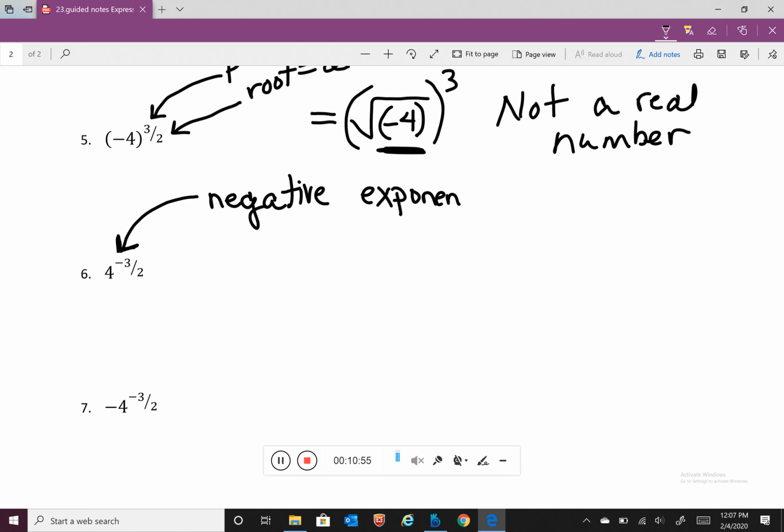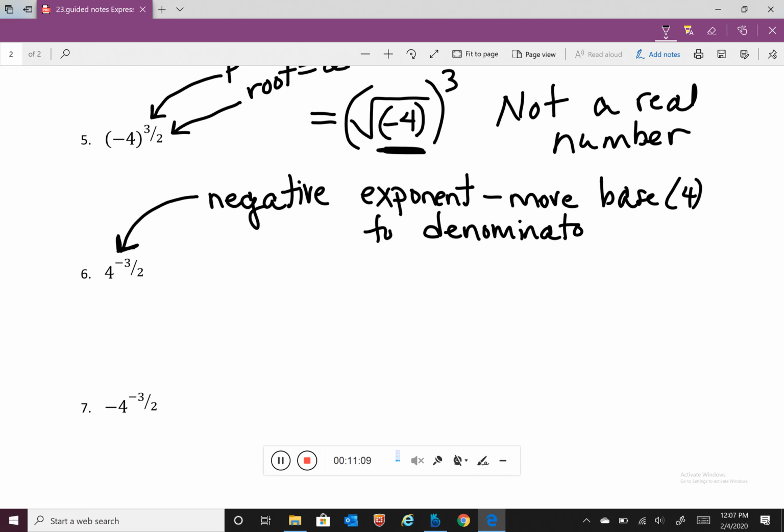So we have a negative exponent, so we're going to move the base. Our base is 4. From the numerator to the denominator. And so that means that leaves us with a 1 for the numerator, because I have to create a denominator.